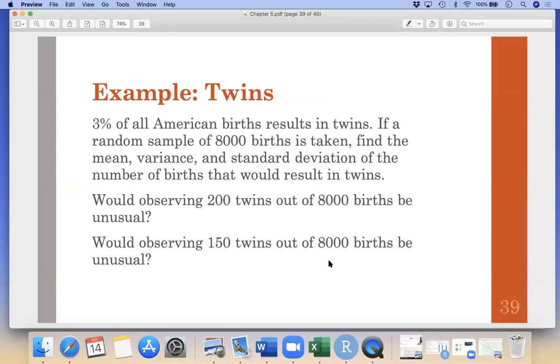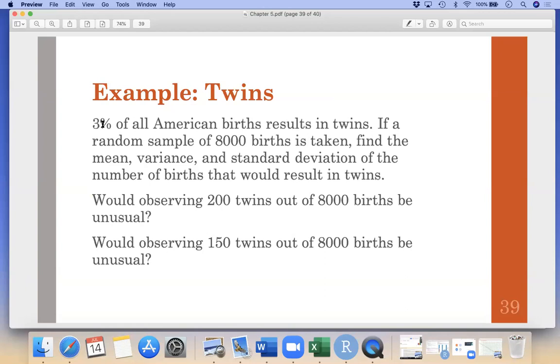Now we have an example. It's about twins. Try to do this one, then you can understand how to recognize usual and unusual values using your mean and standard deviation. Here, 3% of all American births result in twins. That means 0.03.